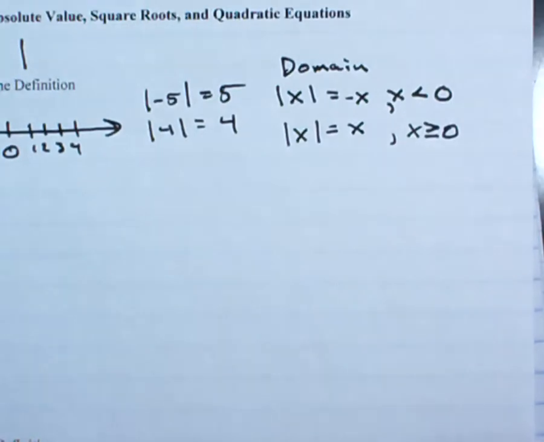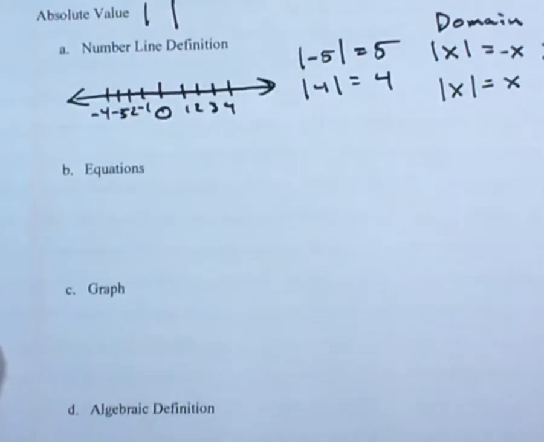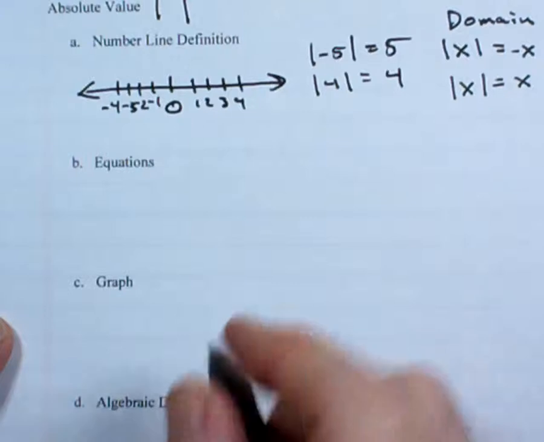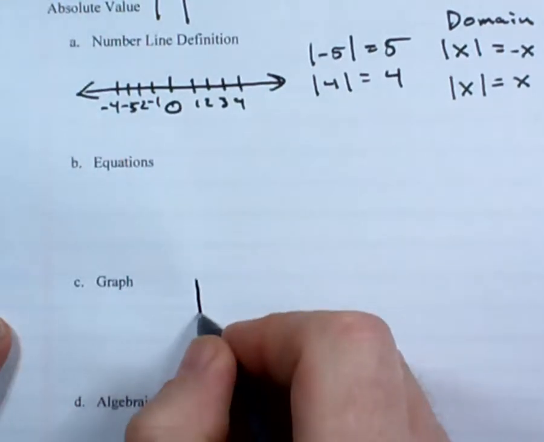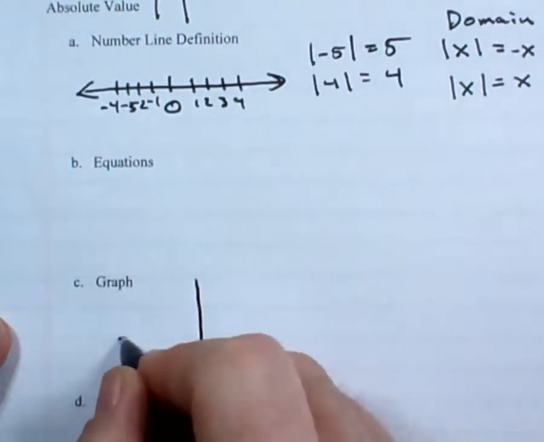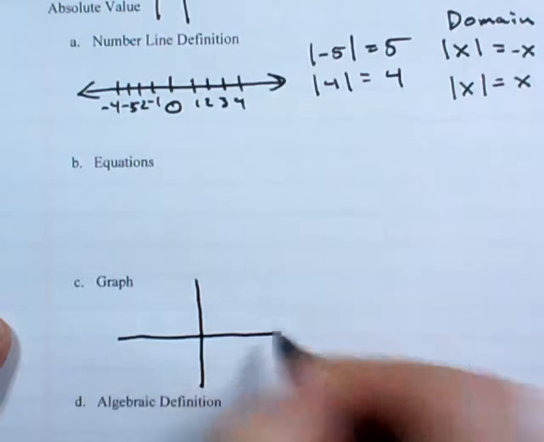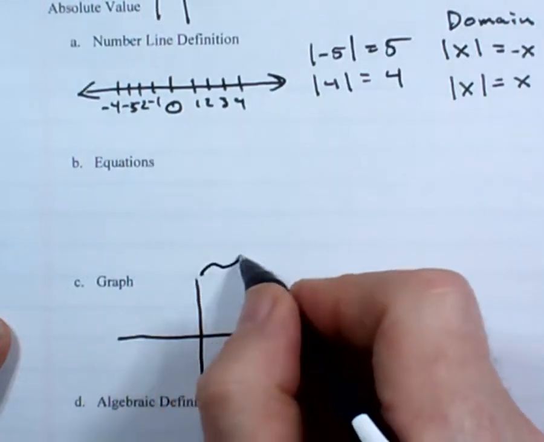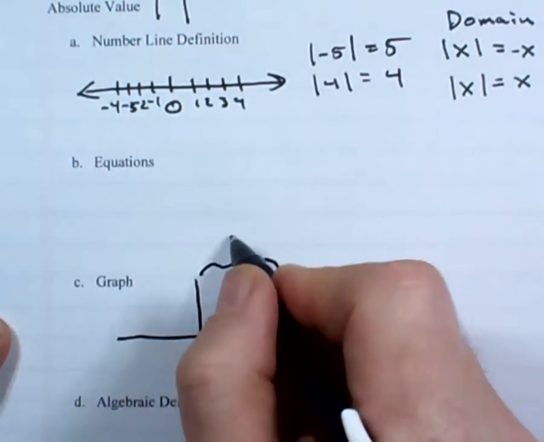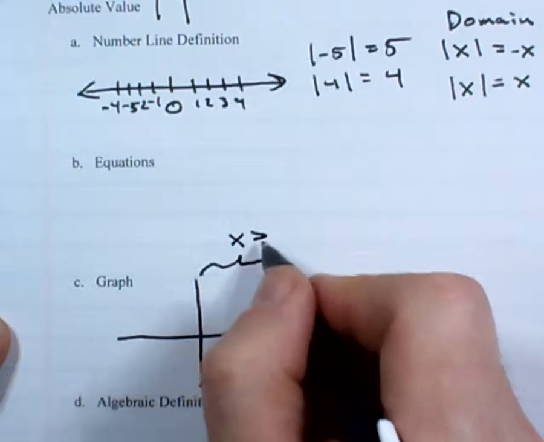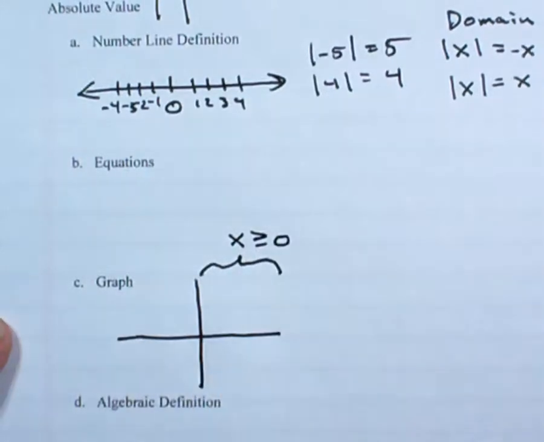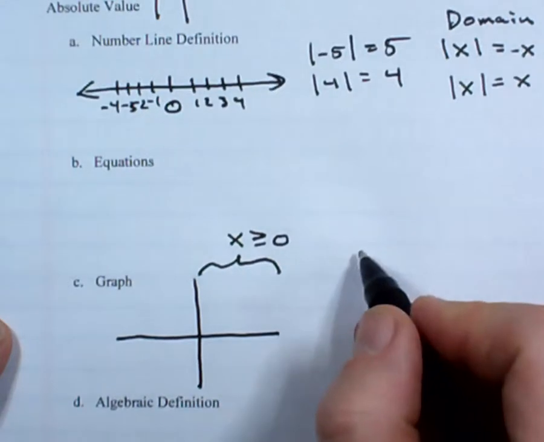So when I graph it, and I'm jumping to part C, when I graph it, it looks like this. On this side of the graph, this is where x is greater than or equal to 0. Remember us doing that on the review? What points can I have?